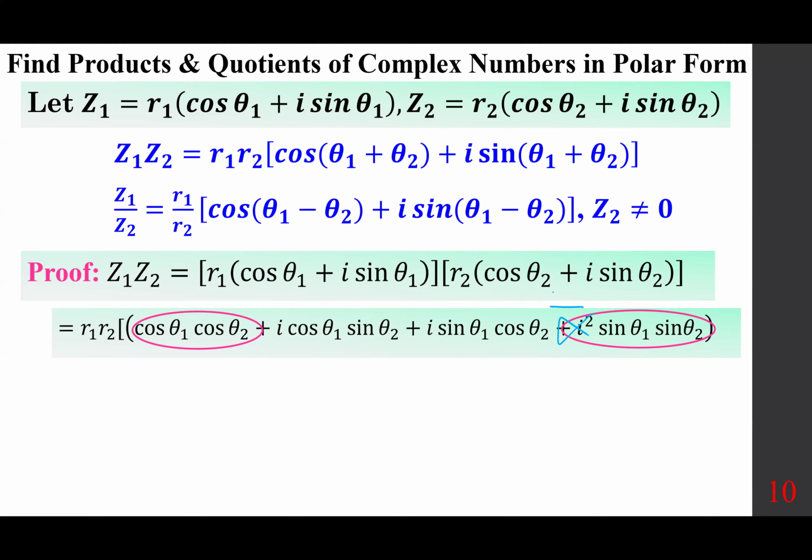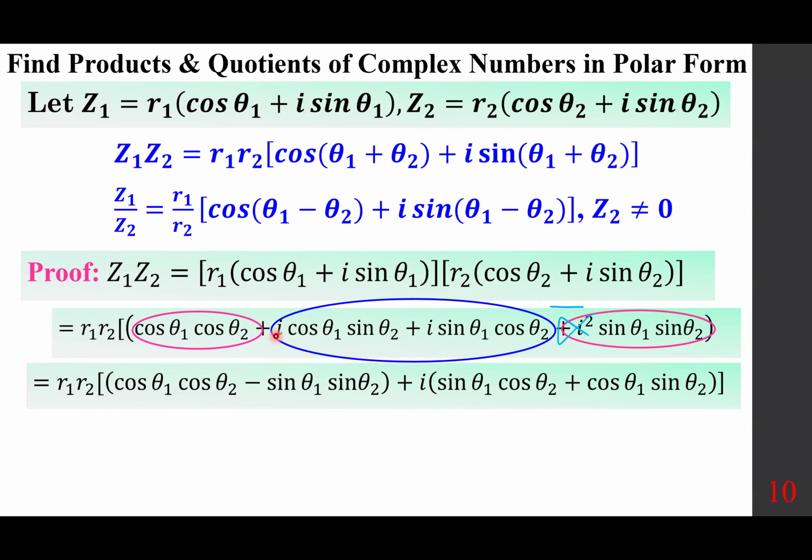So minus sine theta 1 sine theta 2. And we combine these two and we factor the i out. So again, pay attention to the algebra behind this. This remains. We are going to put these two together as cosine theta 1 cosine theta 2 minus sine theta 1 sine theta 2. And we're going to put these two together by factoring the i out.